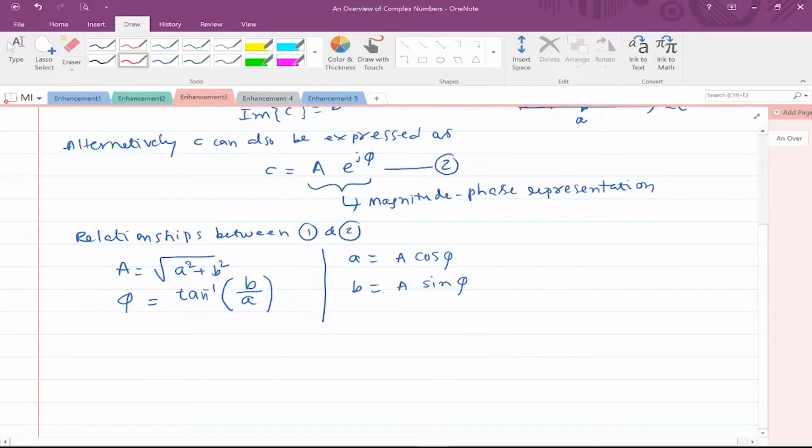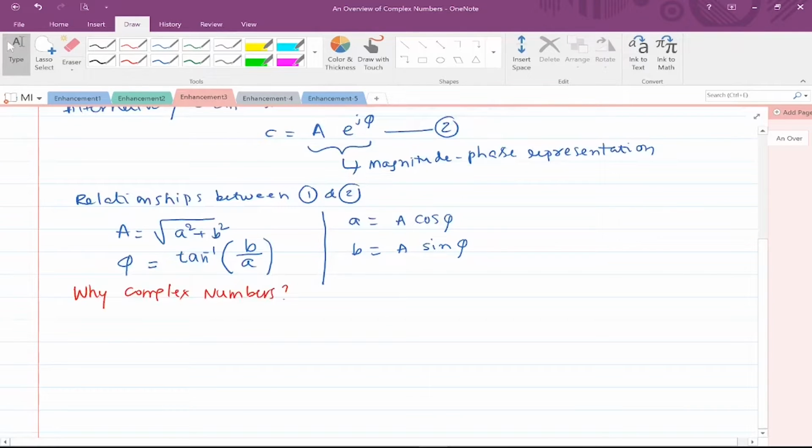Next, why do we in the first place use these complex numbers? So the question is, why complex numbers? You could recollect from what you have done in your electrical circuits and networks while dealing with phasors. Why have you moved from the normal scalar quantities to vector quantities? Suppose the parameter of your interest has two variables.